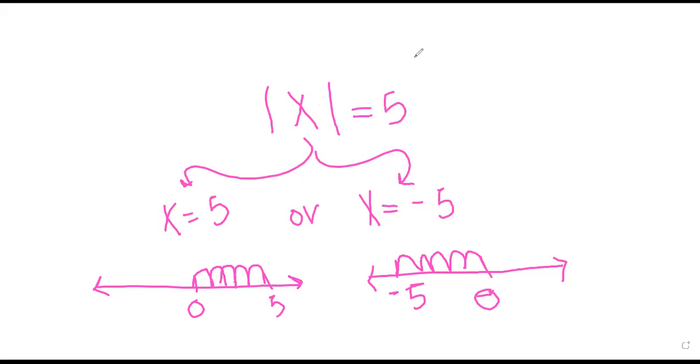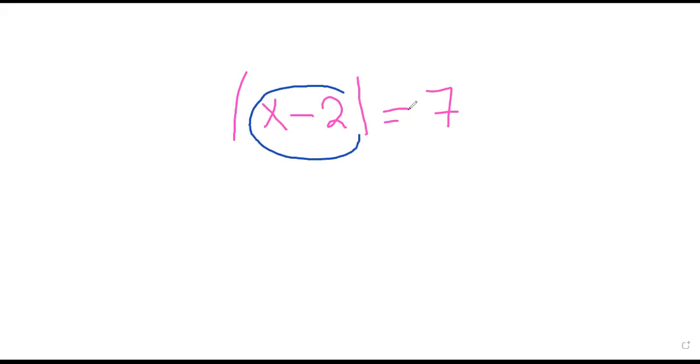Okay, let's take more complicated one. What if I have the absolute value of x minus 2 is equal to 7? How can I solve this example? To solve absolute value equation, always concentrate on what is inside the absolute value. What is inside the absolute value is x minus 2. Put in your mind that we have two cases.